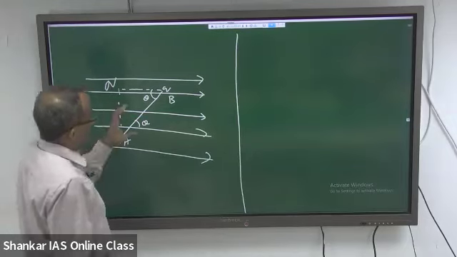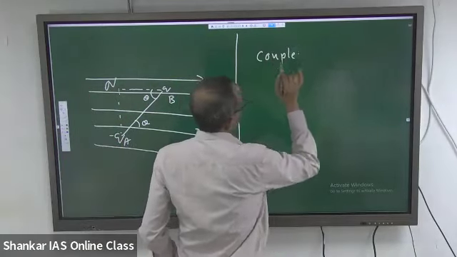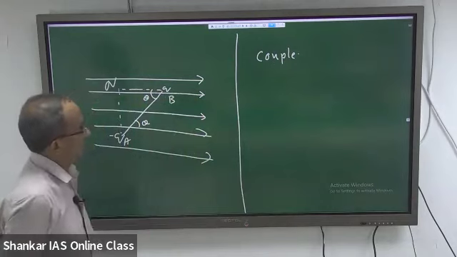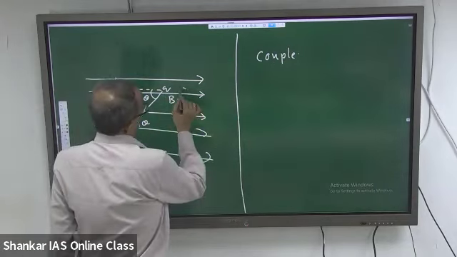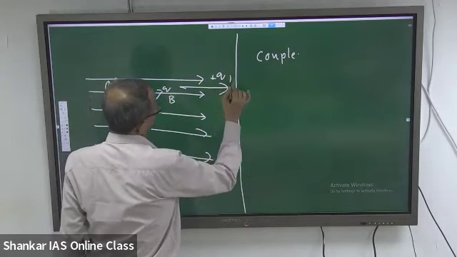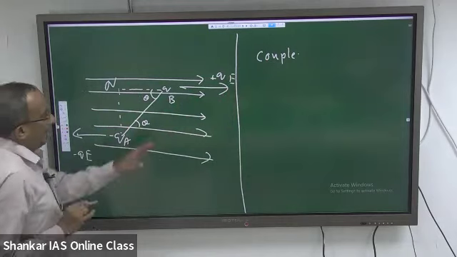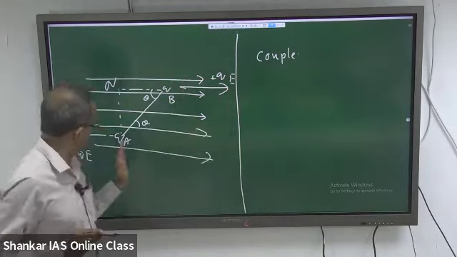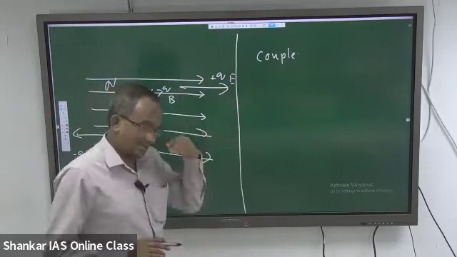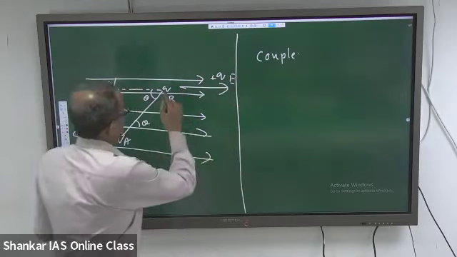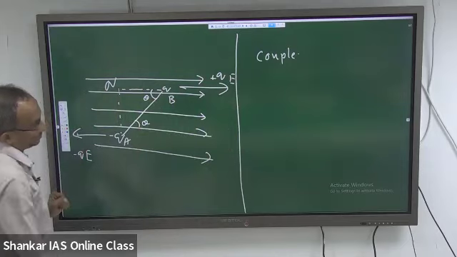Now, here a couple comes. The couple always tries to rotate the dipole. See, plus QE is in this direction, minus QE is in this direction. Two equal and opposite forces cancel each other, but since they are acting at two different points, a couple is acting here.